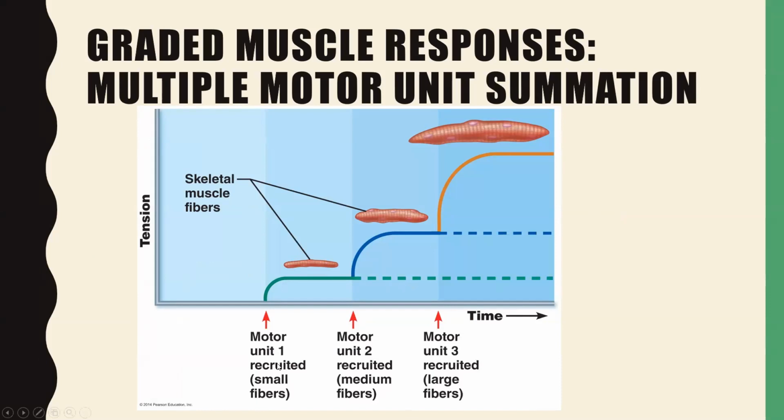But then if we need more force, then we'll recruit the ones with more muscle fibers attached to them. And even muscle fibers that might be bigger around because they have more myofibrils in them. And then we'll use the biggest ones last. So we're always going to use the little ones, conserve our energy, and then call in the big guns if we need to.